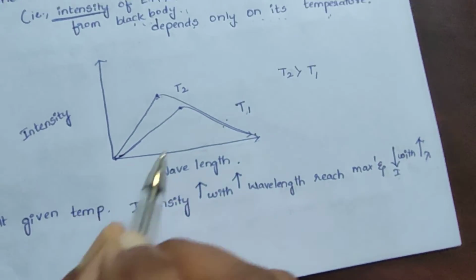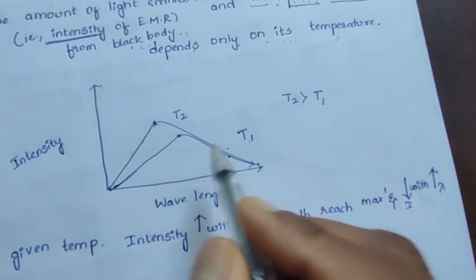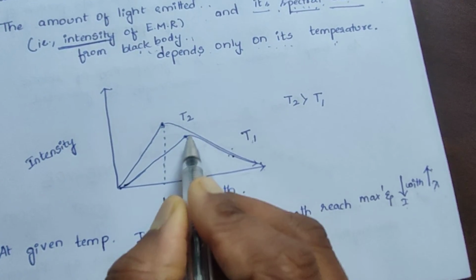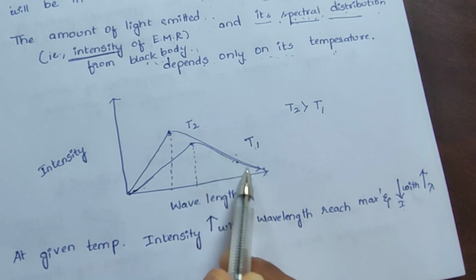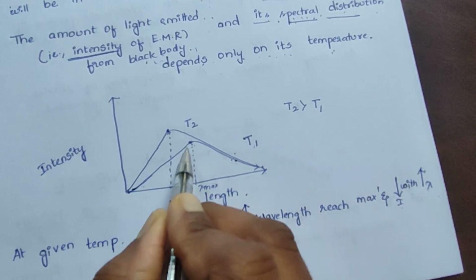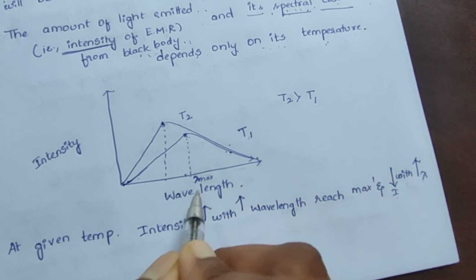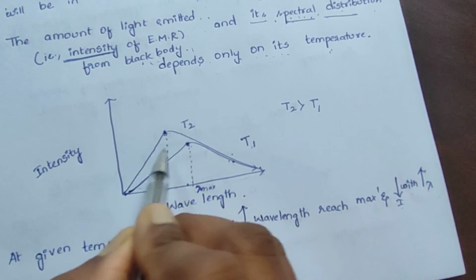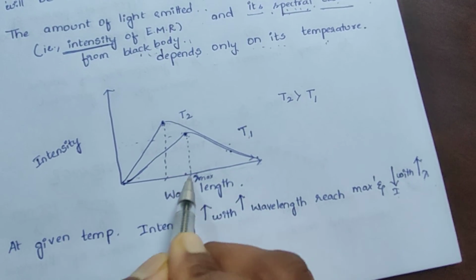So, as the temperature increases from T1 to T2, the lambda max value, that is the highest intensity point of the curve, shifts towards shorter wavelength.